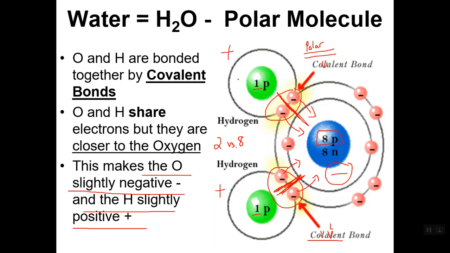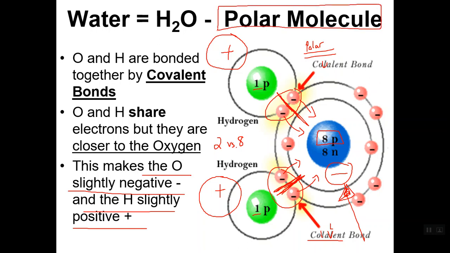This is what we call polar. Anytime you have part of your molecule being positive and part of your molecule being negative, that's the definition of a polar molecule, and that's going to get water most of its unique, or actually all of its unique properties.